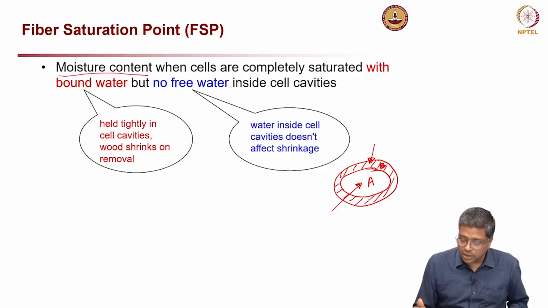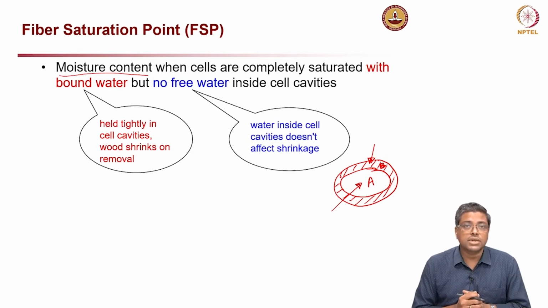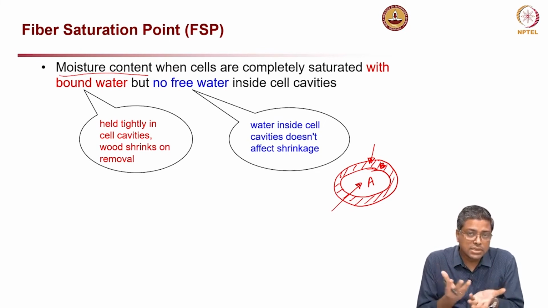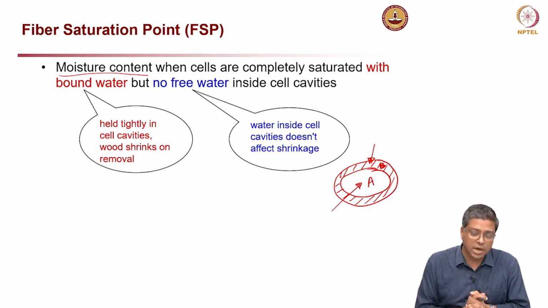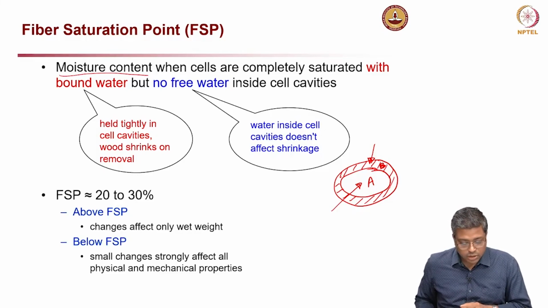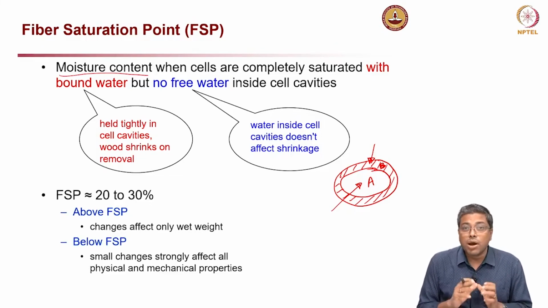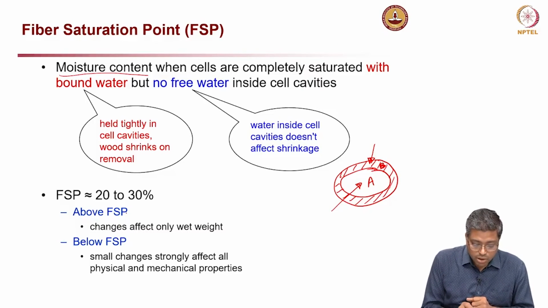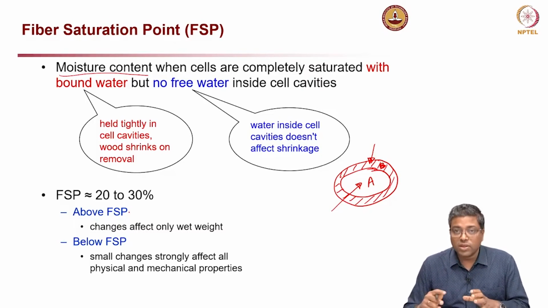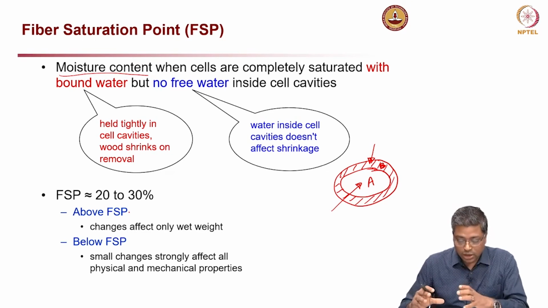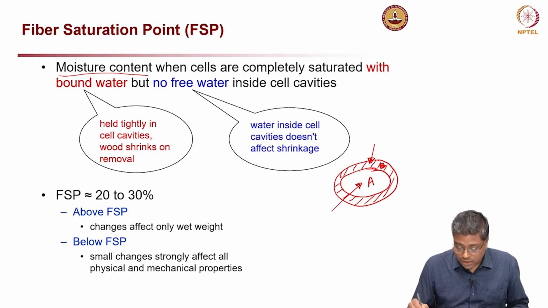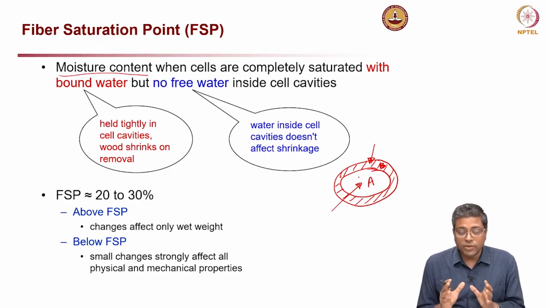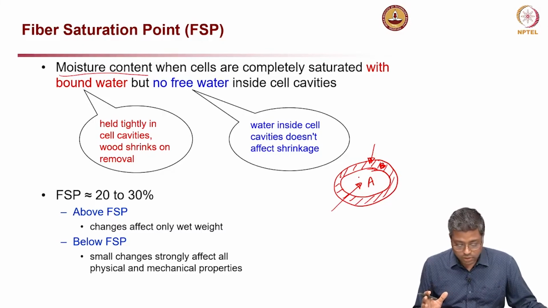After further drying, only then the water in region B, that is the cell wall itself, will start evaporating, okay. Now, FSP is about 20 to 30% for most wood. So above the FSP, if there is still water in region A, it affects only the weight.